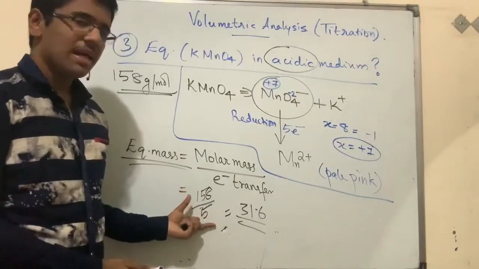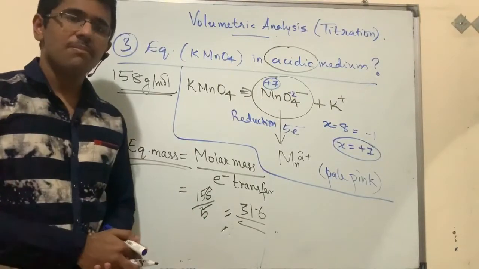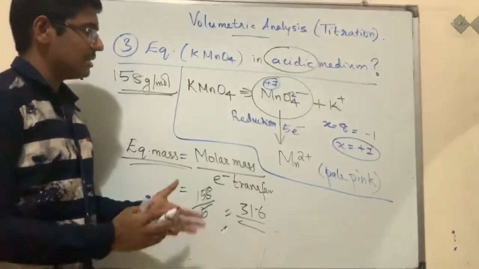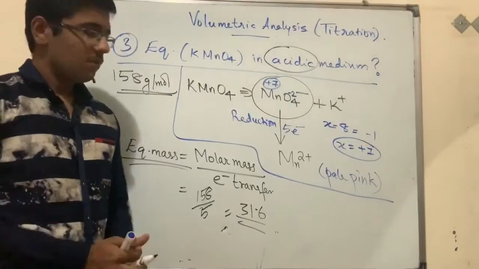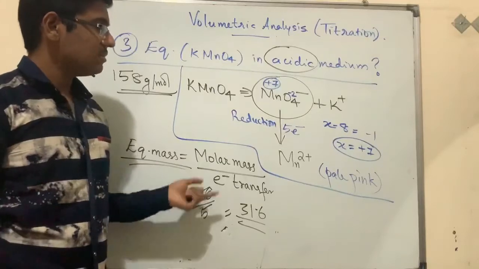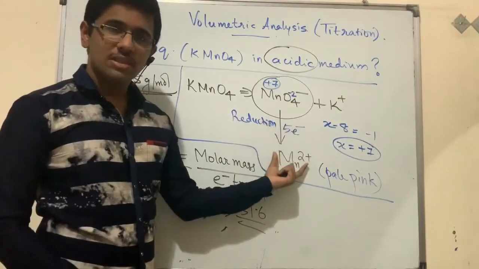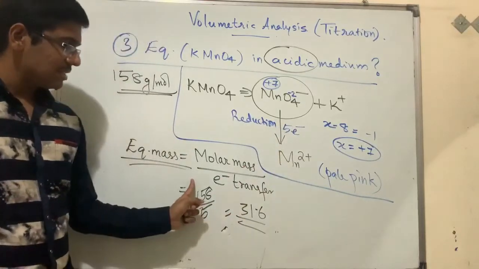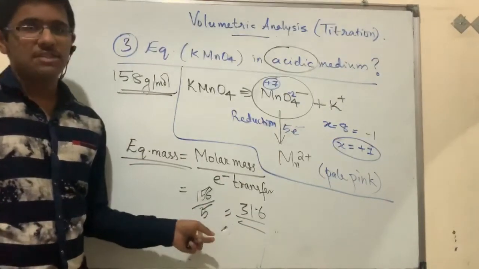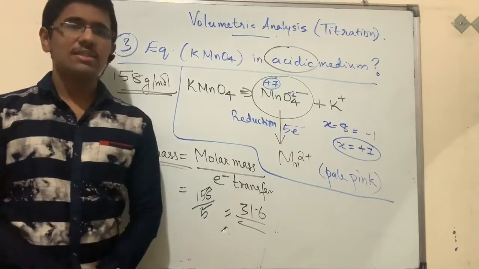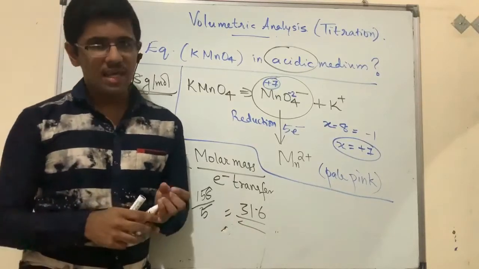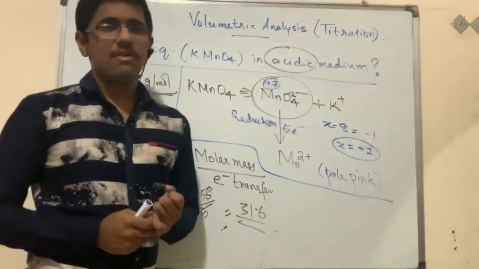Or else you simply tell them it is 158 divided by 5. If they ask you why, then you tell them it is changing from MnO4 minus to Mn plus 2, so 5 electrons are transferred. That is the reason: the molar mass 158 divided by the electron transfer 5 gives 31.6 as the equivalent mass of potassium permanganate. This is how you answer the Viva question.